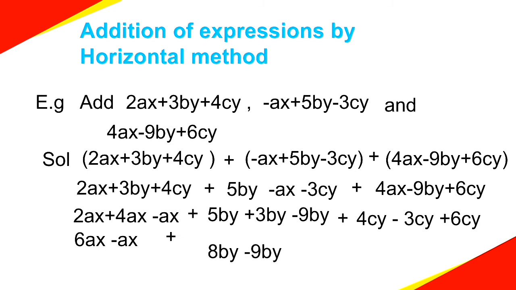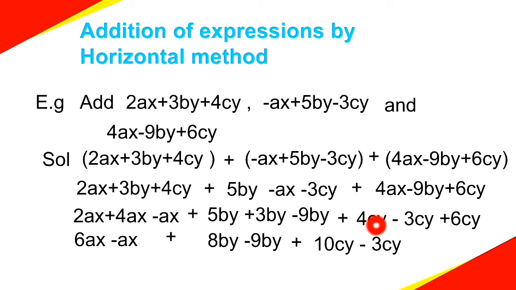Right, that is 8by minus 9by. Next, 4cy minus 3cy plus 6cy. Now here we can see according to the BODMAS rule 4cy plus 6cy. 4 plus 6 how much? Right, plus 10cy minus 3cy.